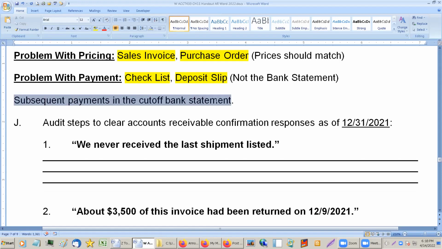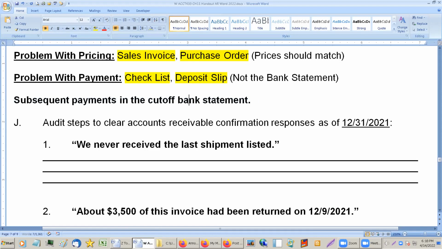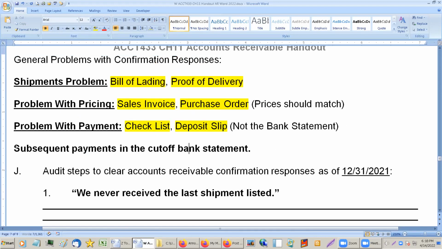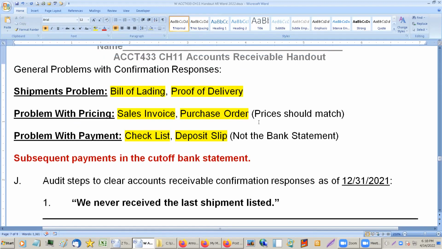So for instance, if there's a question on any one of those, if it ends up in the cutoff bank statement, well, that would be some evidence that those actually exist. So if someone says, well, this amount is wrong, we didn't owe that amount of money, a lot of times if you look at the subsequent bank statements, if it shows up, that's evidence that it actually did occur.